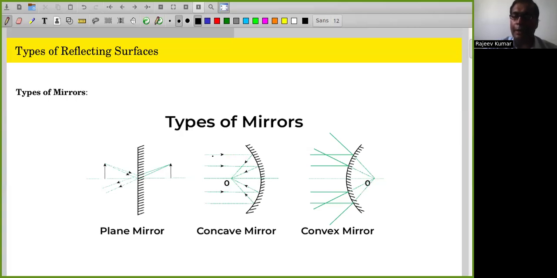In the case of a convex mirror, the parallel incident rays, after getting reflected, get diverted away from the mirror, creating a virtual focus inside the mirror. So these are the three types of mirrors: plane mirror, concave mirror, and convex mirror.